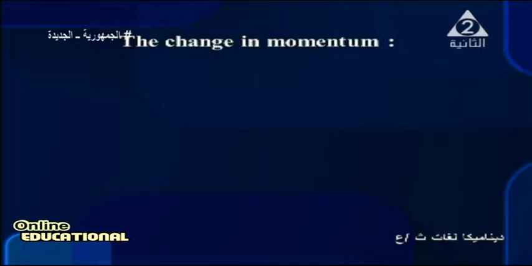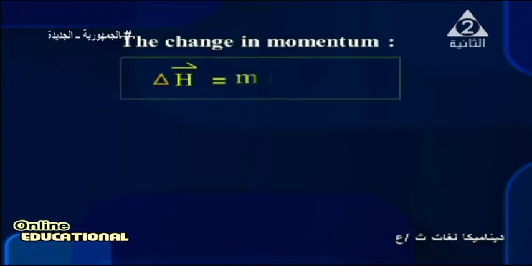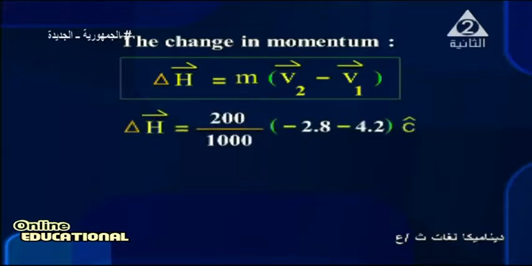Now, the change in momentum, delta H vector, equals the mass of the ball times vector v2 minus vector v1. Then delta H equals 200 over 1000 multiplied by negative 2.8 minus 4.2 c.